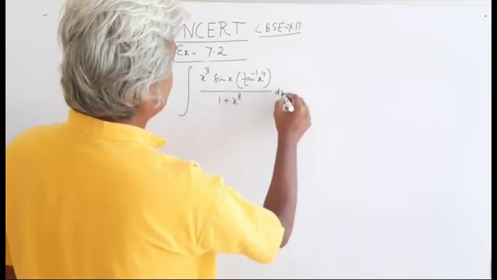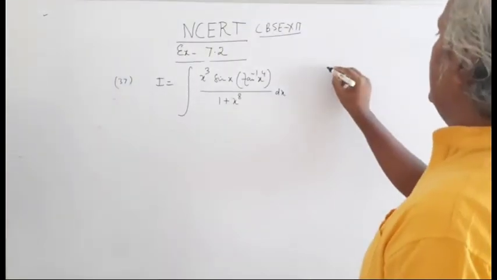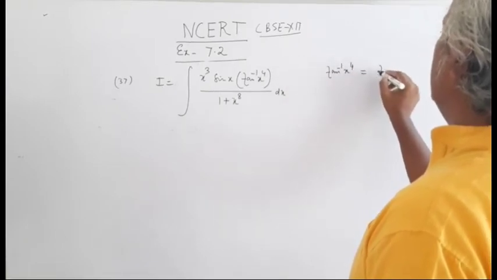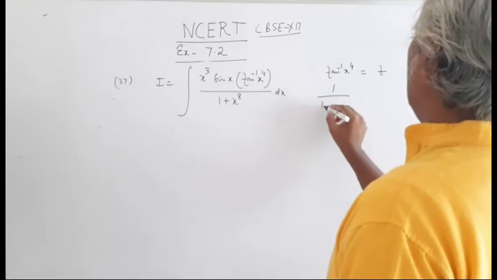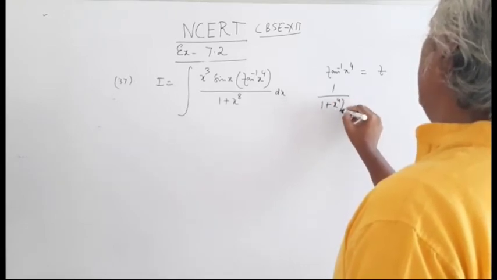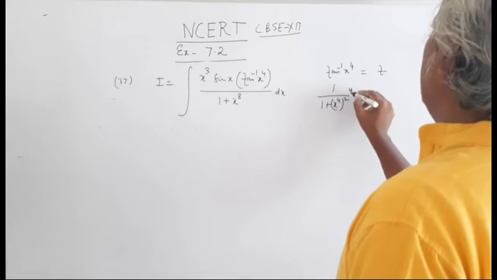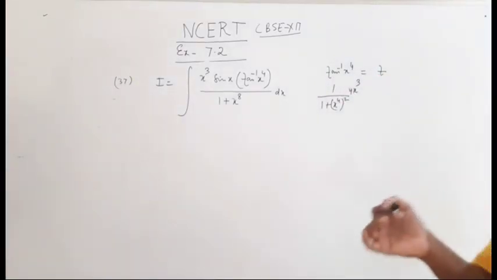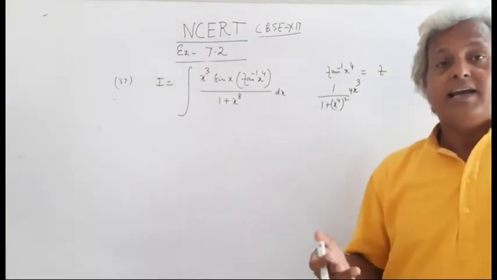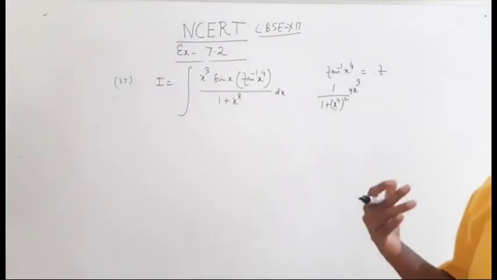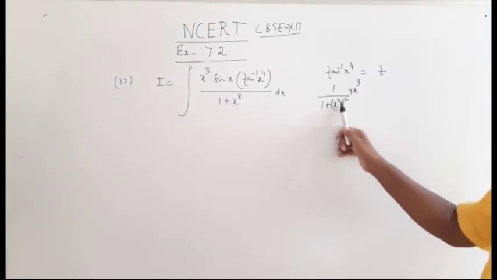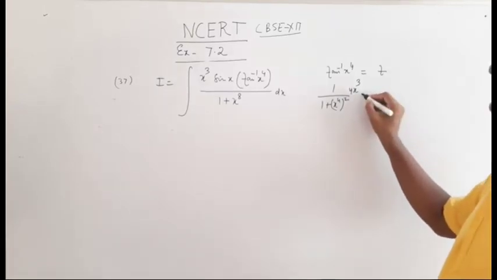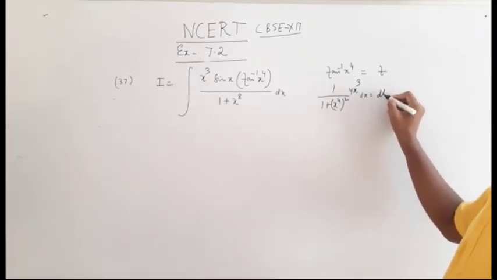First we write, let tan inverse x to the power 4 as t. Differentiation of this: tan inverse of something has differentiation 1 over 1 plus something square, into the differentiation of that something. So 1 over 1 plus x to the power 4 whole square into 4x cube dx, and this you get as dt.